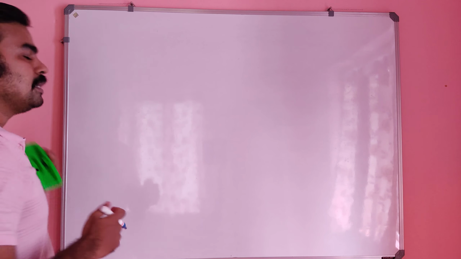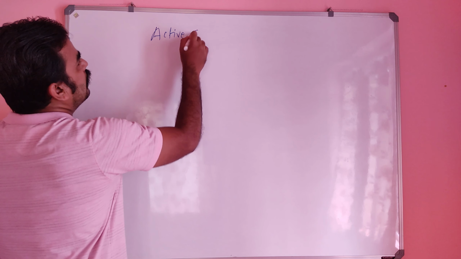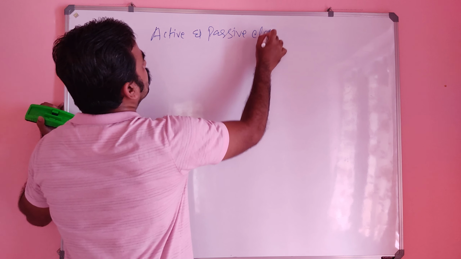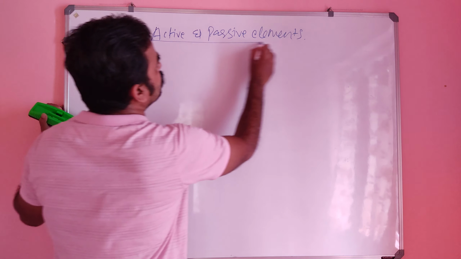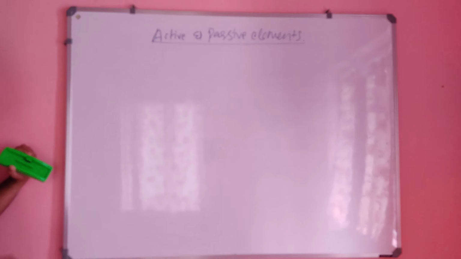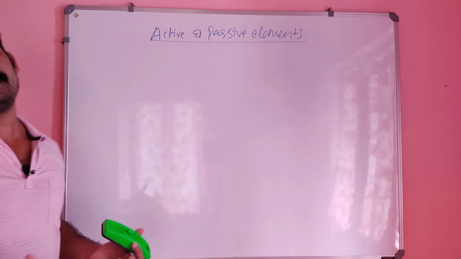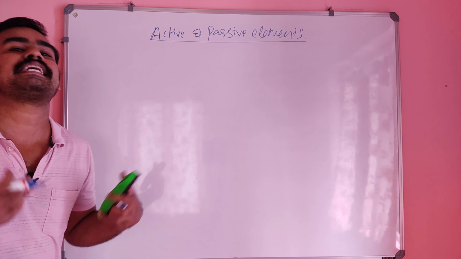And let's see another classification which is called active and passive elements. Active elements means an element which can produce energy, which can be a source of voltage or current.